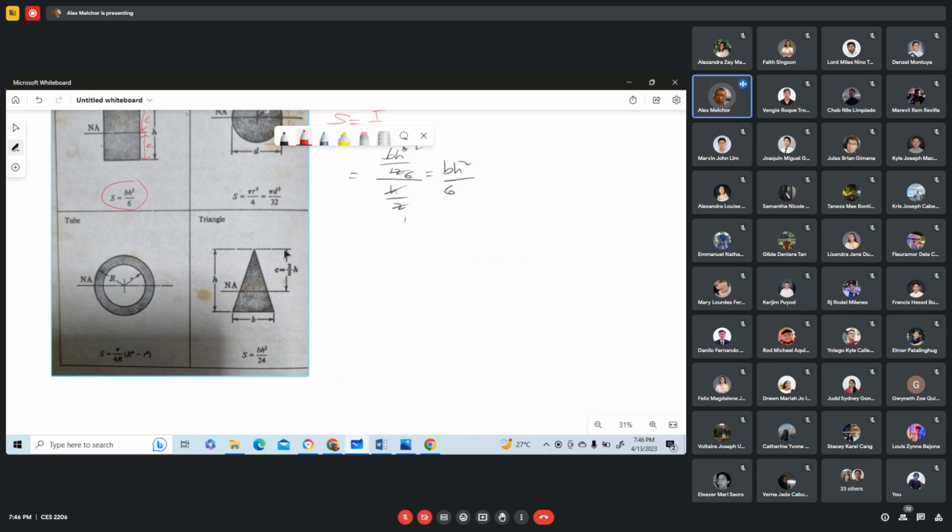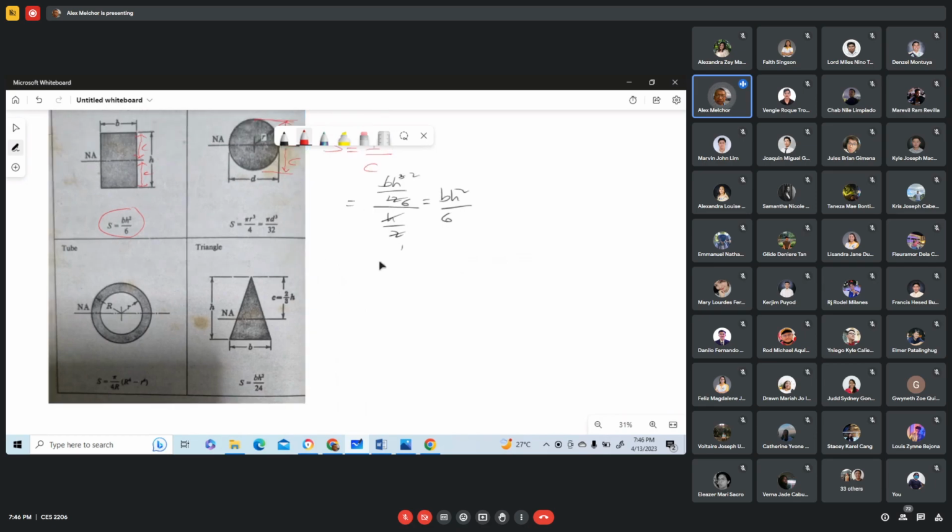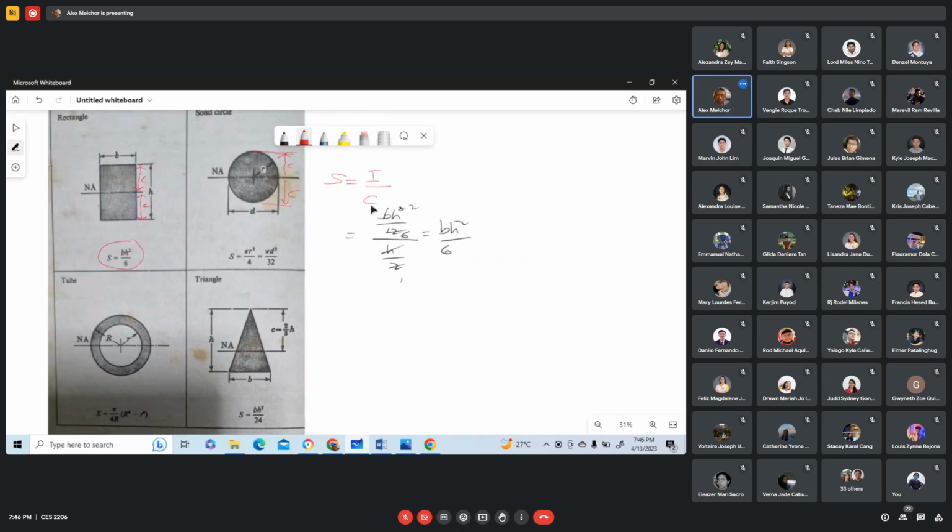So that is 2/3 of h. Using this equation, where I is the moment of inertia of this triangular area with respect to its neutral axis, over the value of c, which is 2/3 of h, you will arrive at S equals bh squared over 24. Okay?